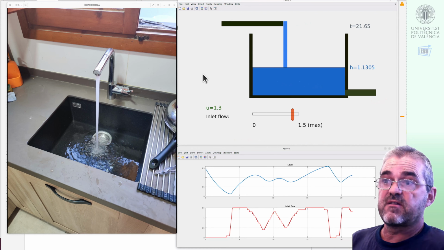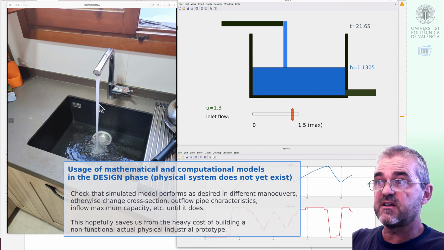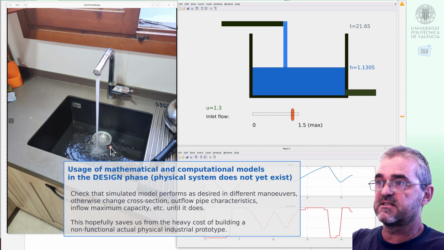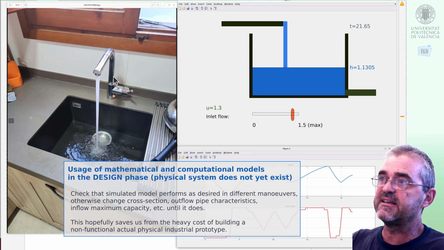And what's the use of that thing? Well, if the things I predict will happen are not satisfactory to me, and I am in the design phase, I have still not built this physical system. I am deciding its size, the size of the pipes, the size of the inlet pipes.